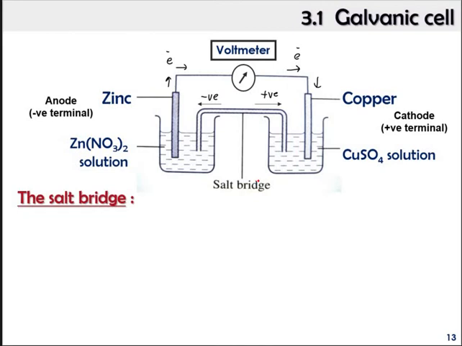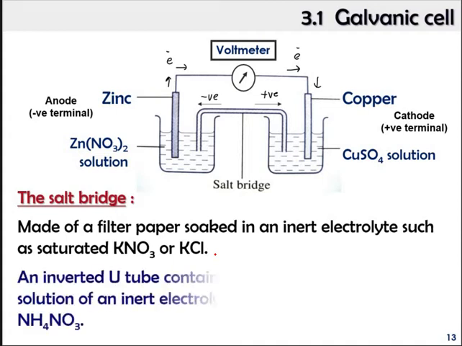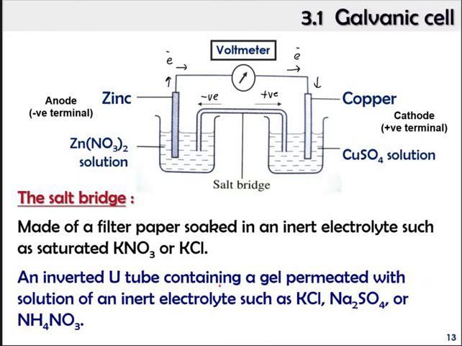Alright, so the salt bridge. What is the salt bridge? It is made of a filter paper soaked in an inert electrolyte such as saturated KNO3 or KCl. Okay, ataupun kita boleh menggunakan inverted U tube containing a gel permeated with the solution of an inert electrolyte such as KCl, Na2SO4 or NH4NO3.